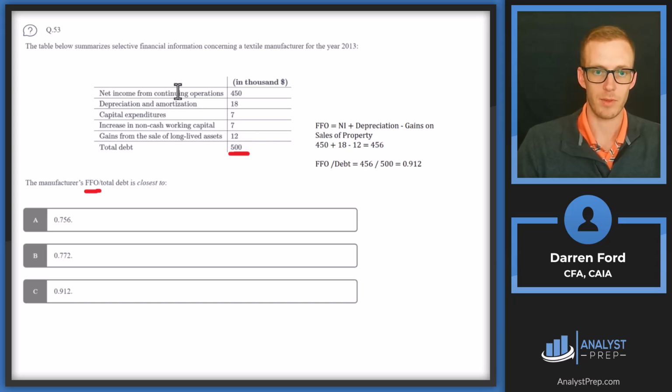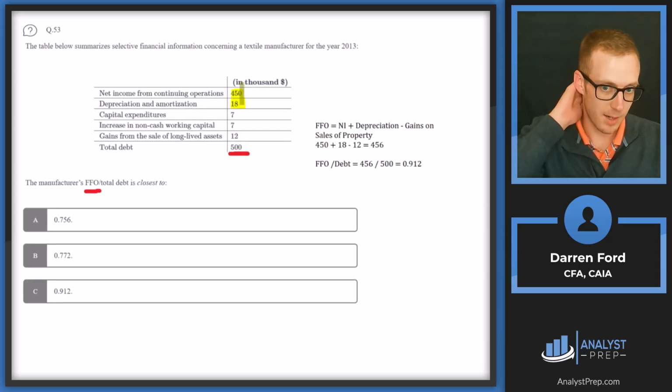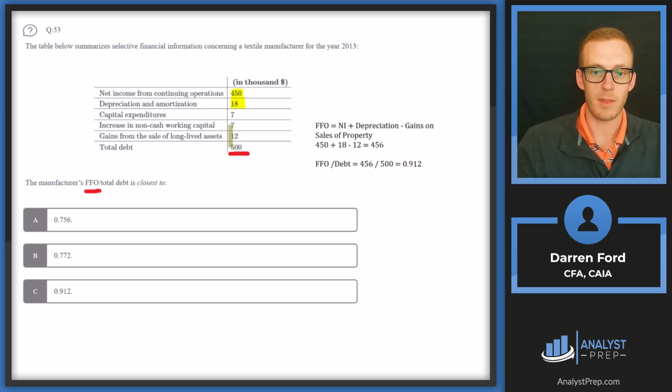So we don't want to consider that as heavily for part of the financials. So that's going to look like our net income, 450. We're going to add back non-cash expenses, which would be that depreciation and amortization, and then subtract out the gain from long-lived sales. And when we do that, we get 456. So 456 divided by 500 brings us right there to answer C.